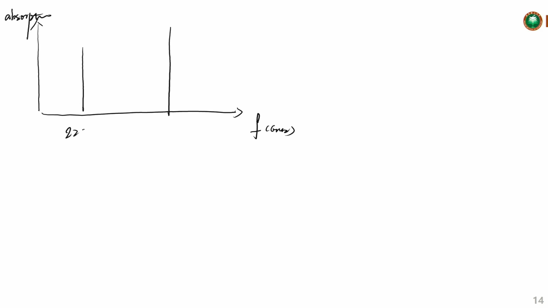This is 22 gigahertz, and this is 183 gigahertz.